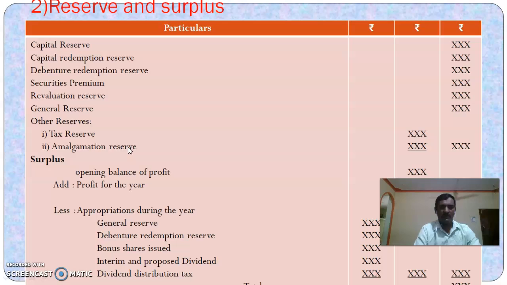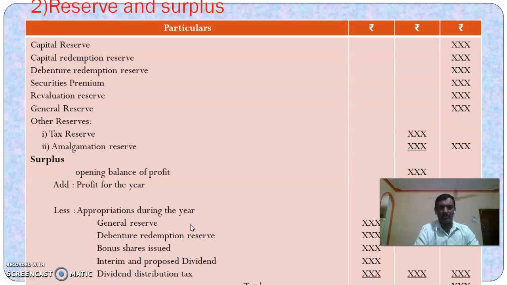And then we have to record the surplus. And a surplus, first of all, we have to take the opening balance of surplus if any. Then we have to add the profit of the last year. Then by making the total of these two, now we have to go for appropriations. In appropriations, we have to record the transfer to general reserve, debenture redemption reserve, bonus shares issued if any, interim and proposed dividend distribution tax, like this.